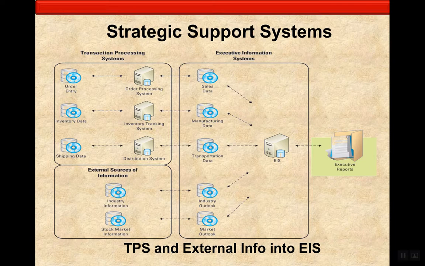As we look at executive information systems, a lot of times these can combine the transactional information developed from the applications, which is basically what we see at the decision making level. But we can also see external sources of information, such as industry information and stock market information, which can be blended in.